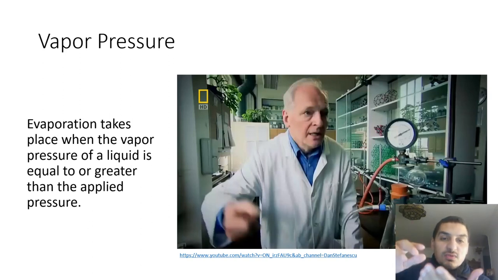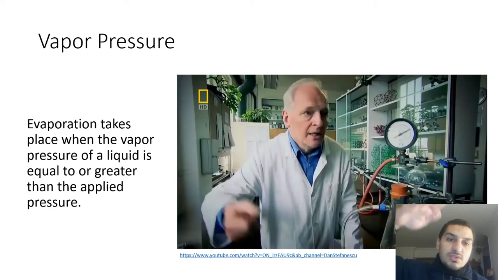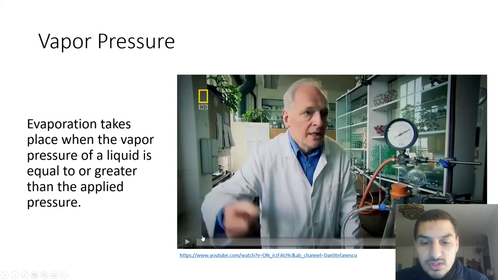Or, in this case, we have the temperature of the liquid constant, and the pressure, which is the atmospheric pressure, is here, and you are reducing the pressure. So instead of increasing the temperature, you are reducing the outside pressure, so both will again be equal, and once they are equal, you will achieve the evaporation.